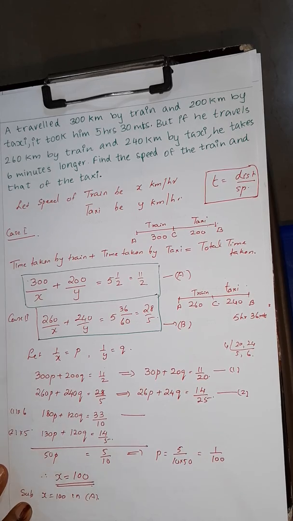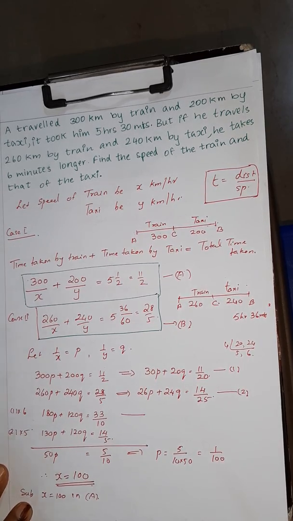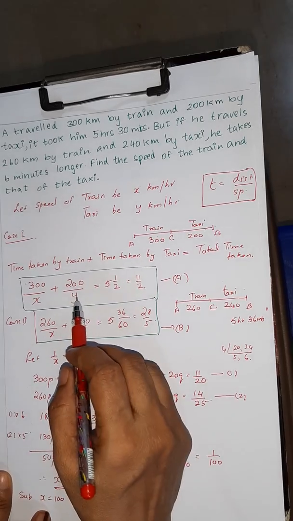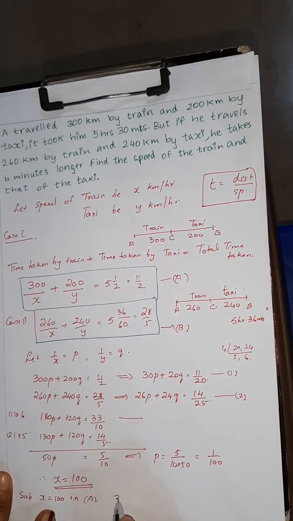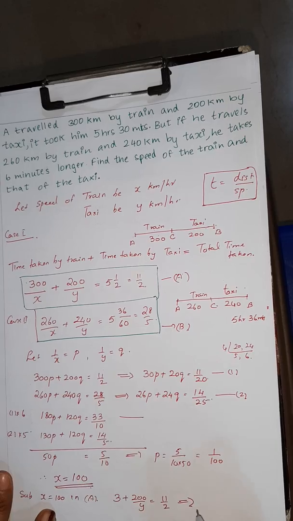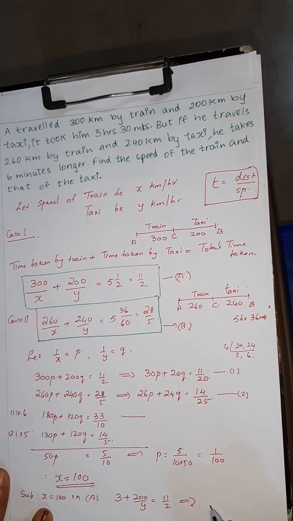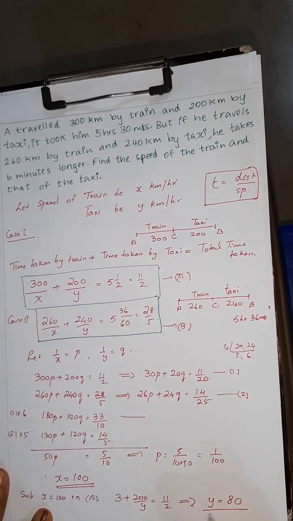Instead of finding q and then writing the reciprocal, we can straight away put it in this equation. So, 300 by 100 is 3 plus 200 by y is equal to 11 by 2. From this, simplifying, y is equal to 80.